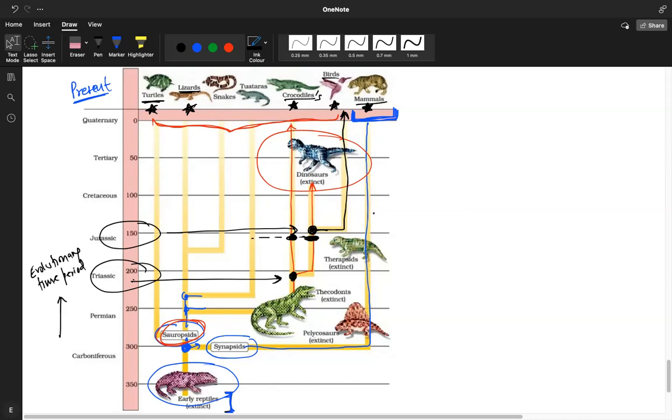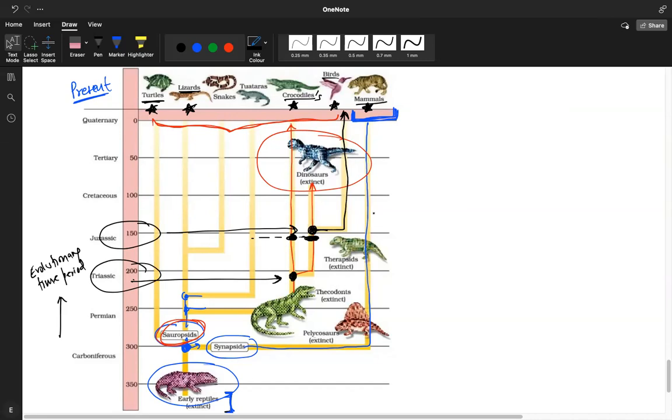And the main branch is the sauropsids. Main branch means the earliest branch that diverged from early reptiles. So they belong to the sauropsids branch, not to the synapsids. In fact, there is only one group that belongs to the synapsids branch and is not extinct and present today, that is mammals.